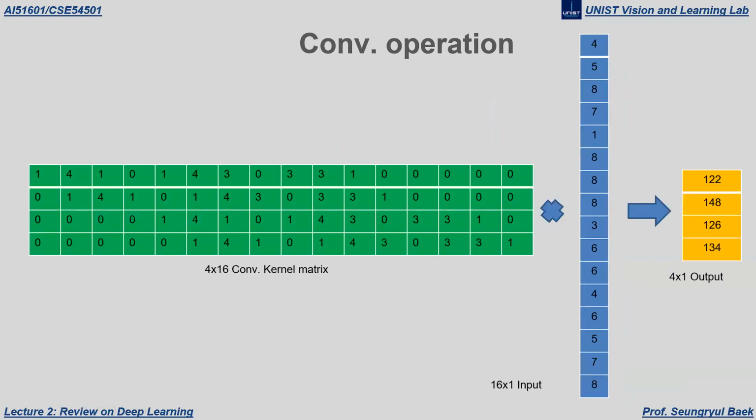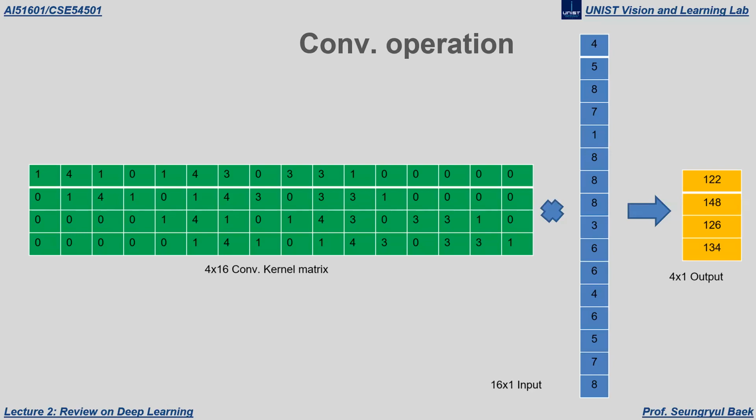What they implement in the computer is to represent this 2D convolution as matrix multiplication.